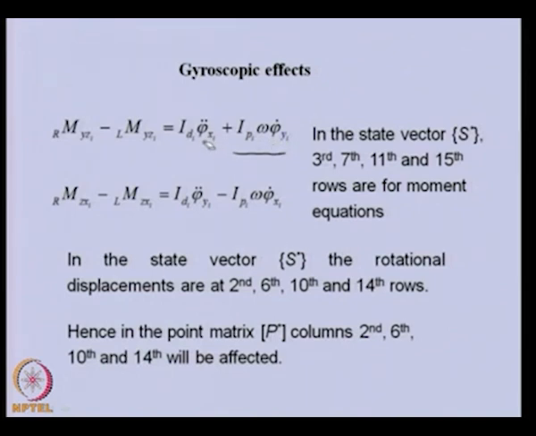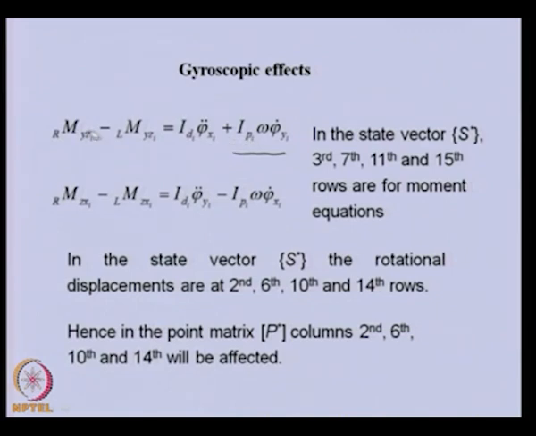When we are considering the YZ plane, the angular displacement of the disk in that plane is phi x, but the gyroscopic couple arises because of the angular velocity or angular precession in the other plane, that is the ZX plane. That is why this angular velocity or precession is phi y instead of phi x.